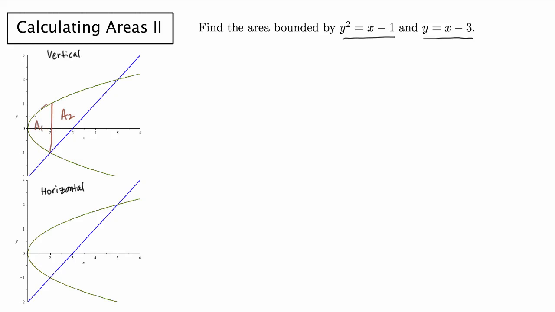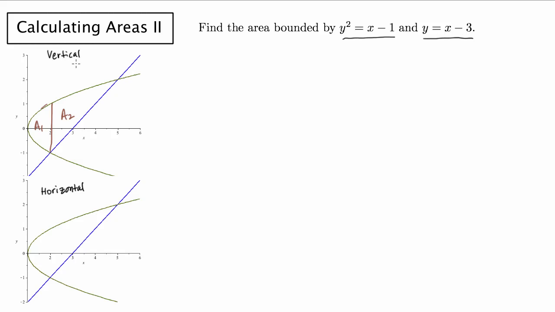In other words, any place I try to make a vertical line through area 1, the top function and the bottom function are the same. It changes at this intersection point, which we'll need to find, and in area 2, the top function stays the same, but now the bottom function has switched to the blue function, which is x minus 3.